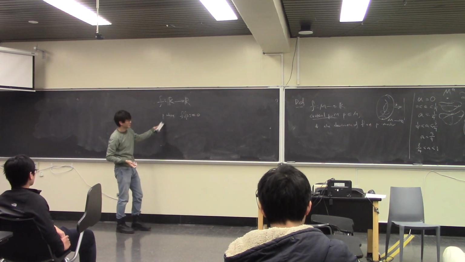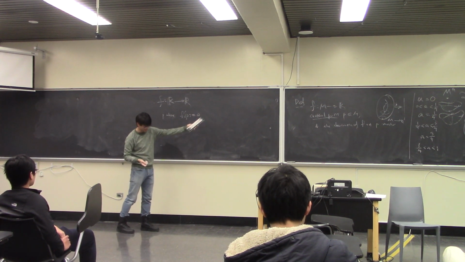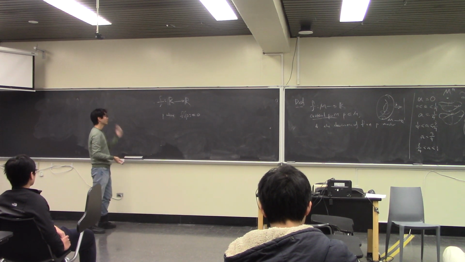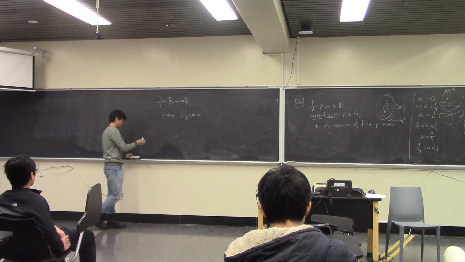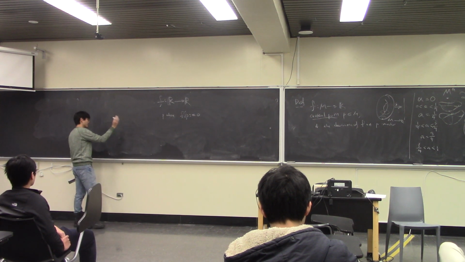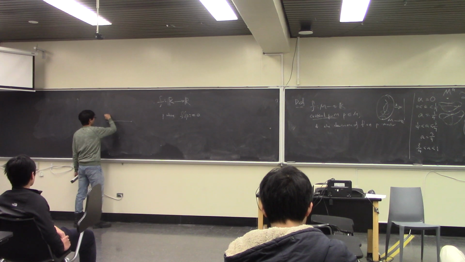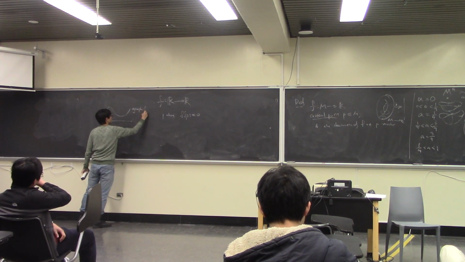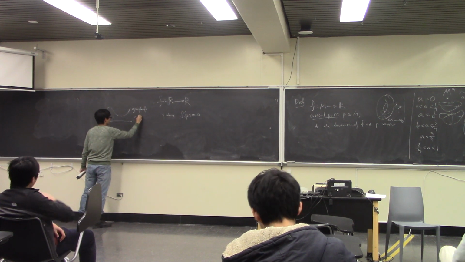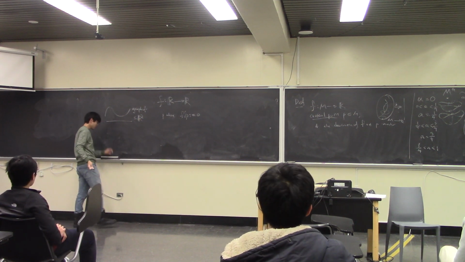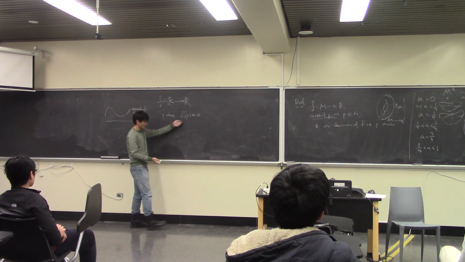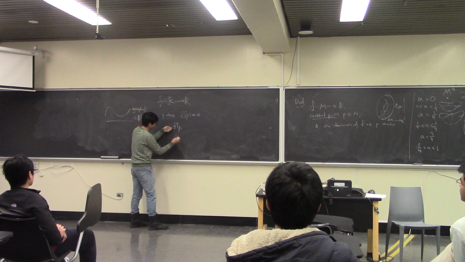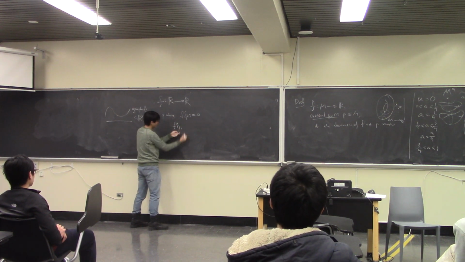And these are precisely the critical points of f in the sense we just defined before. And if you draw the graph, you notice how we can extract information about the graph, which is a curve sitting in R2, by looking at the second derivative of f at a critical point p.